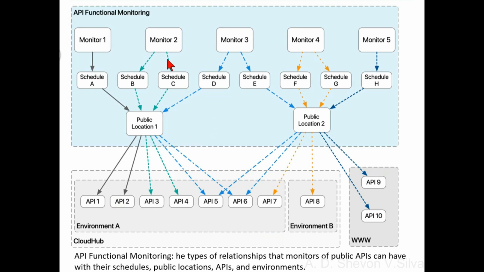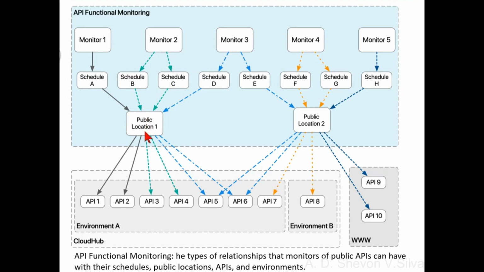Monitor 2's relationships are indicated with dashed green arrows. Multiple schedules, single location, single environment. Monitor 2 runs on two separate schedules, Schedule B and Schedule C, each of which is associated with the same public location 1.